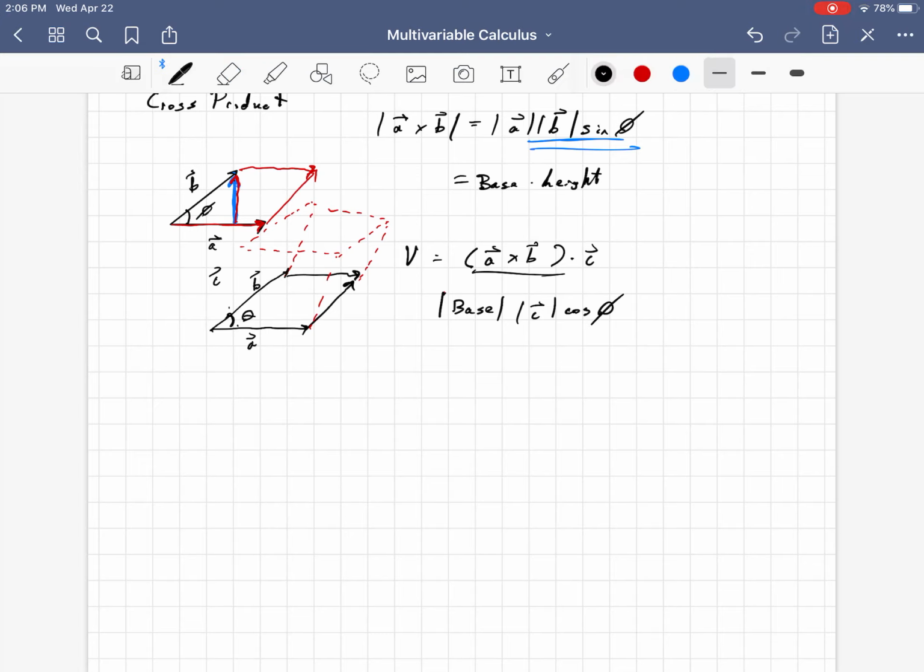If I took phi to be, instead of the original angle between C and B, if I took phi to be the angle between C and the z-axis, so this is the x-axis, the y-axis, and then the z-axis up here, then C cosine phi would be this blue vector right here.